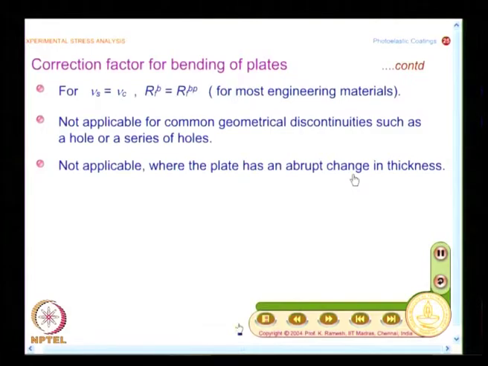And what is a via media? What I have to do is put a thick coating and find out which are all the stress concentration zones, remove the coating, put a thin coating in those regions where you want to find out the stress concentration area. So, you do not need a correction factor for analyzing those regions where you have stress concentration.